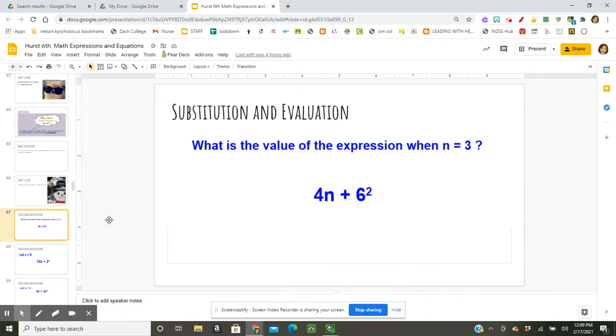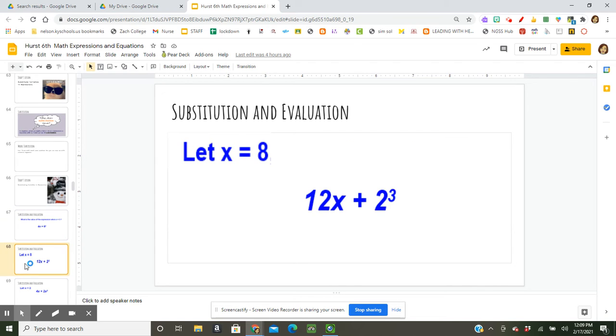So let's take a look at the second problem. So go ahead and write this down on your paper. X equals 8. And then you have 12x plus 2 to the third. And I want you to try to solve that on your own. So if you want to pause the video and then compare to see if you get the same answer that I get.